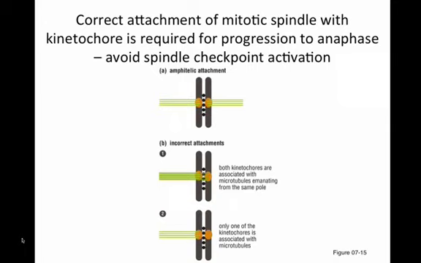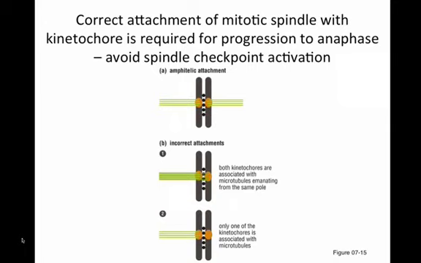You're right, a rest. Okay, so normally you should have this attachment where your mitotic spindle on this side and your mitotic spindle on this side are both attached to the centromere and pull in opposite directions. You have normal segregation. But you can have incorrect attachments.